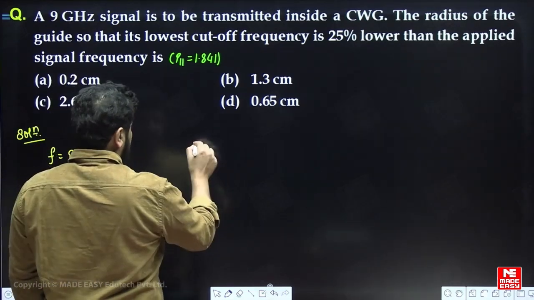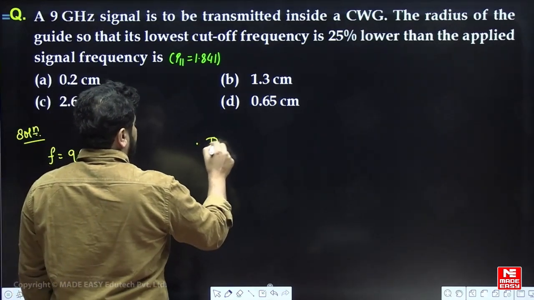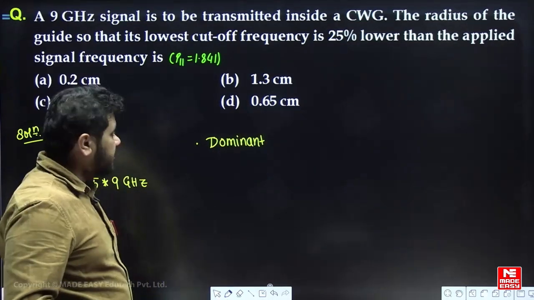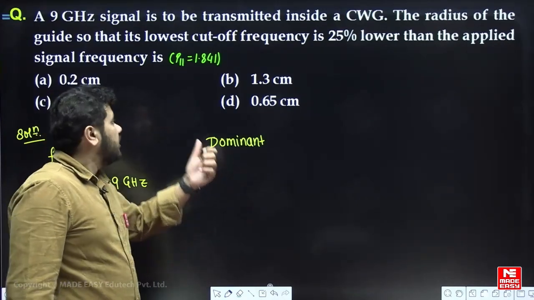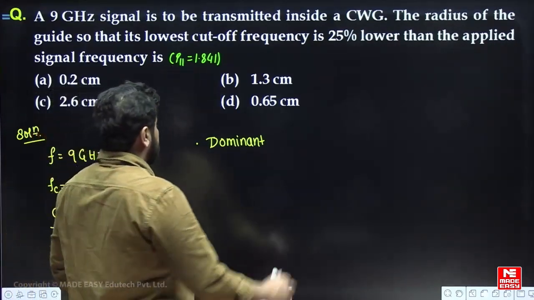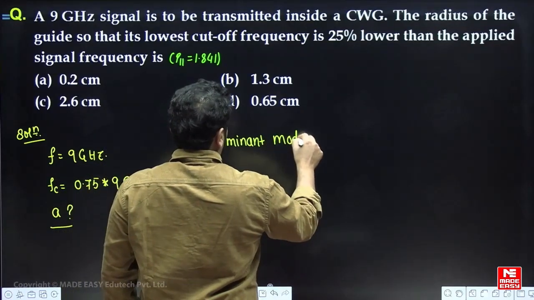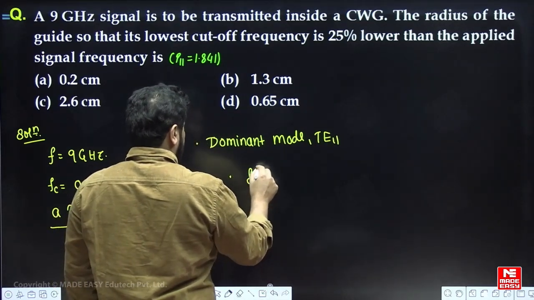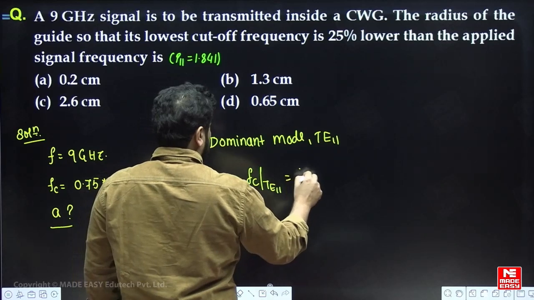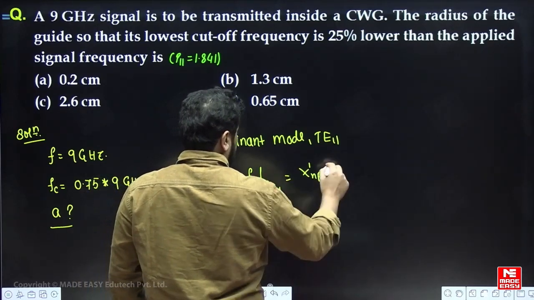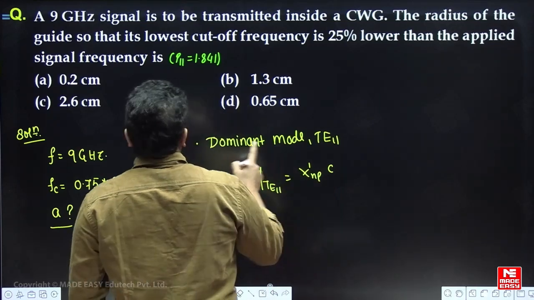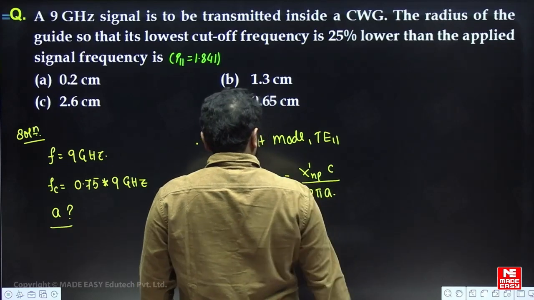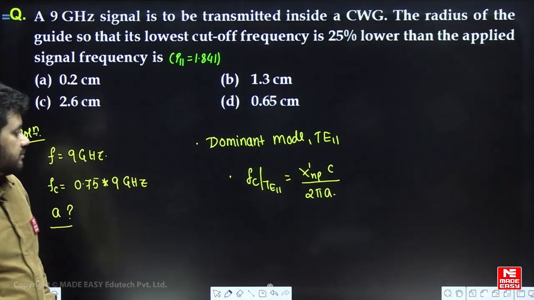Now, so we know the dominant mode in a circular waveguide, right? If nothing is mentioned, we always take the circular waveguide. The dominant mode is TE11, P11 is given. So the dominant mode in the circular waveguide is TE11. Therefore I can say that the cutoff frequency of TE11 is equal to P11 into c upon 2 pi A. Is there any dielectric? No. Correct? So this is the value you are going to get.